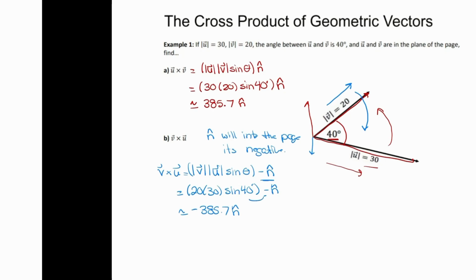All I did was move that negative up in front. We really didn't need to do all of this since we already had a right-hand rule that tells us, and this actually kind of proves that it is equal to the negative value. So we really didn't need to go ahead and do all of this, but it does prove it. So u cross v is indeed equal to negative v cross u. Like I said, just like with regular vectors, if you reverse the direction of the vectors, you reverse the sign.